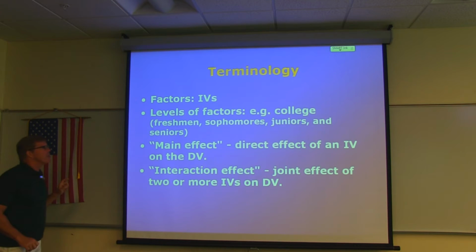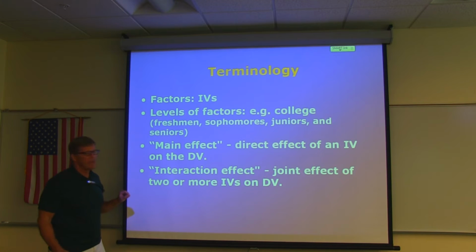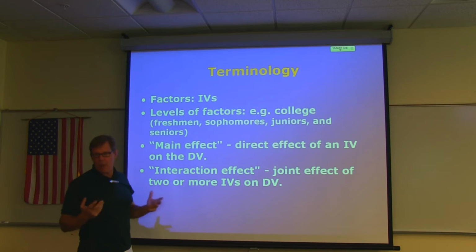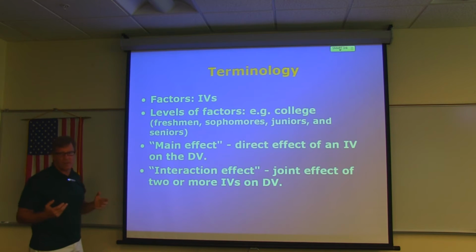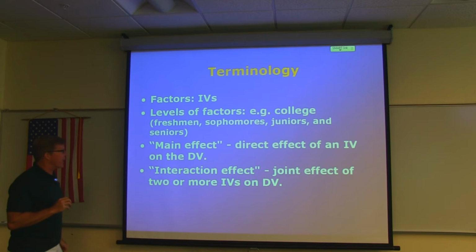The main effect is the direct effect of an IV on the DV. In studying the one-way ANOVA, we remember that if that omnibus F was significant, we can conclude that we have a significant overall effect. In MANOVA terms, this is called a main effect.